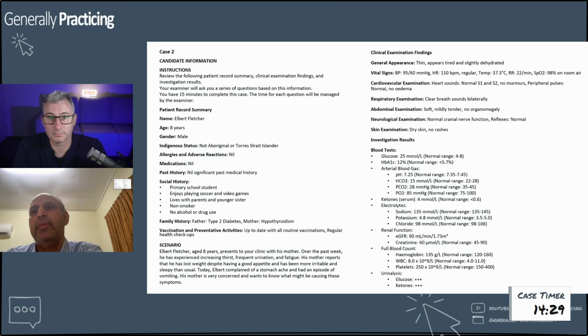Besides this, I'll be thinking of other diagnoses, like maybe some infection going on. However, consider that the patient has a glucose which is quite high, 25, hemoglobin A1c is high, and he has ketones 3 plus. So it's an acute emergency, and I'll put diabetic ketoacidosis at the top of the list.